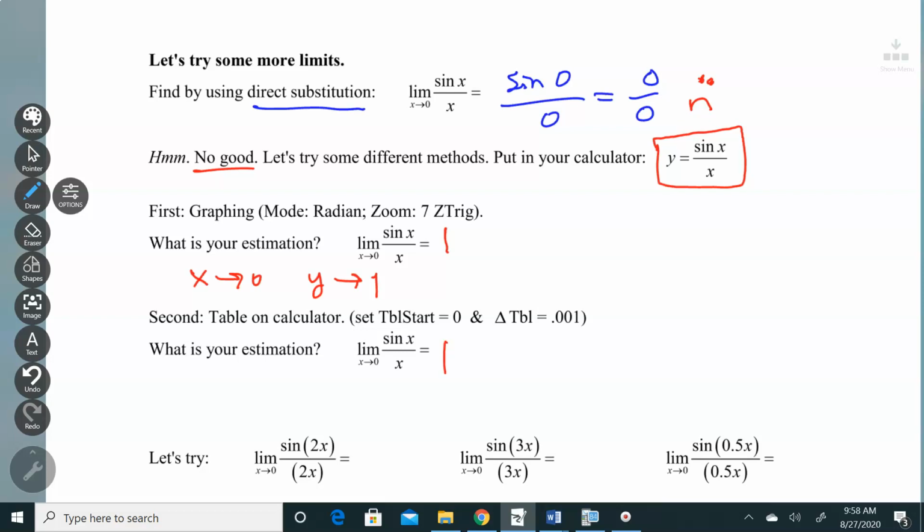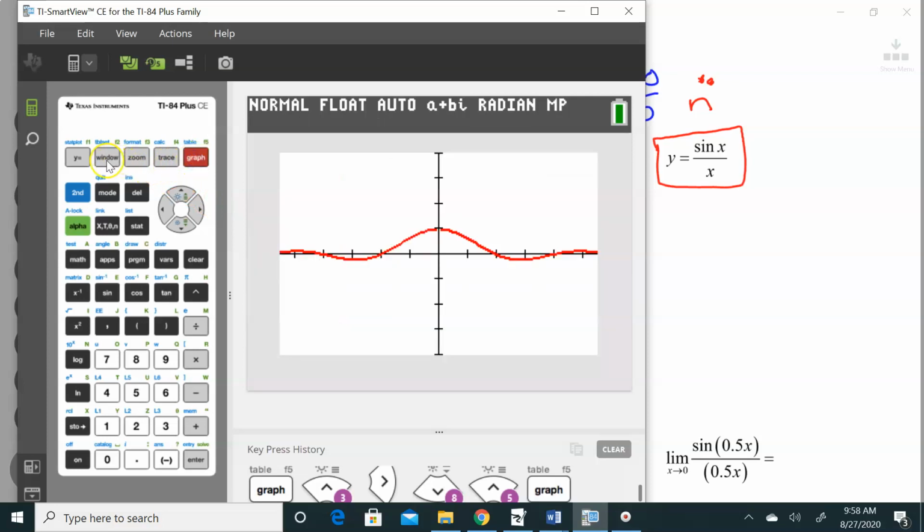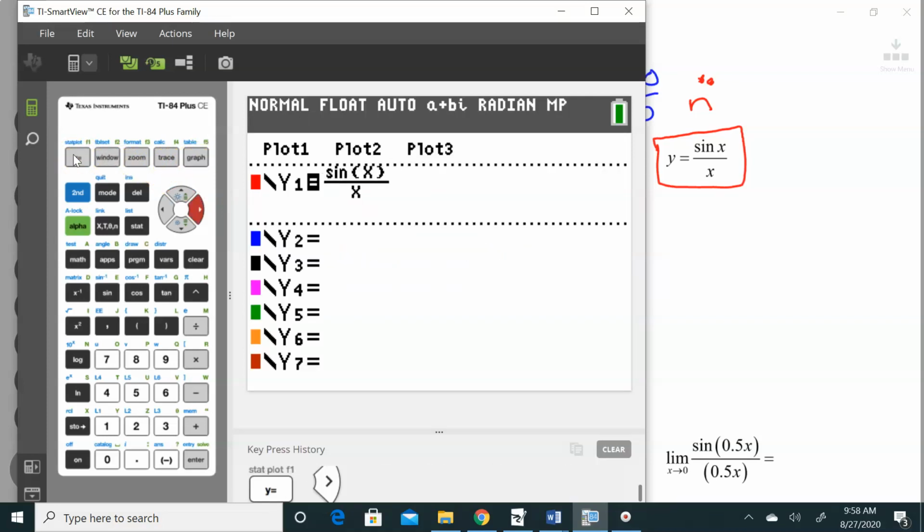So how about if we do sine of 2x over 2x, or sine of 3x over 3x, or sine of a half x over half x? Well, let's go to our calculator. Let's go to the graph. Let's change it in our y equals and change this to 3x, and on the bottom, 3x.